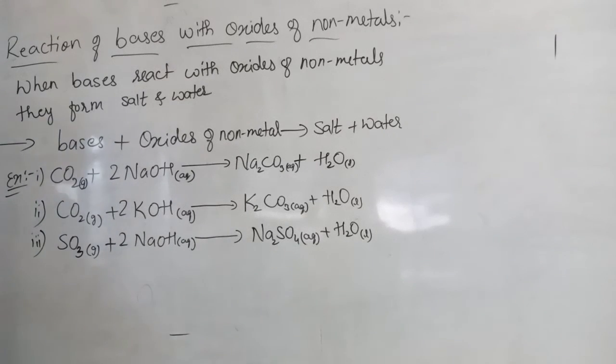Some metal oxides react with both acids as well as bases to produce salt and water. Such metal oxides are known as amphoteric oxides. Now we will discuss the amphoteric oxides.